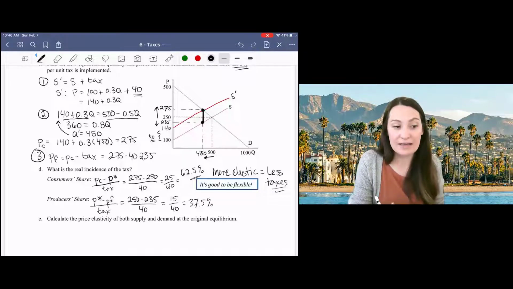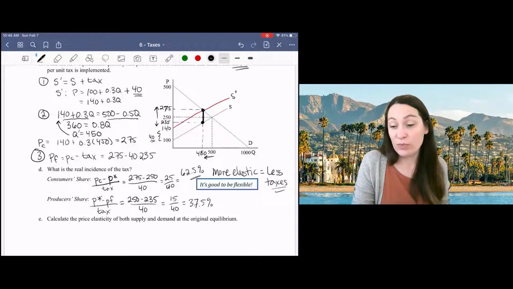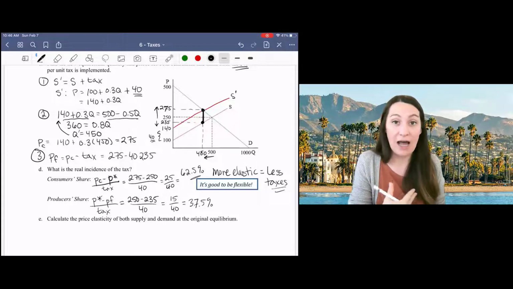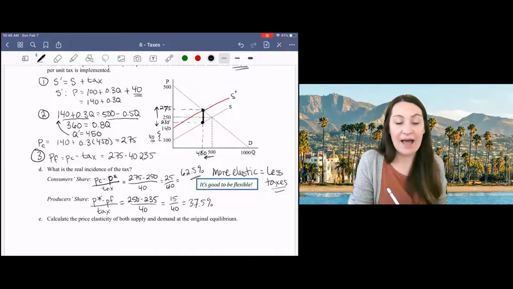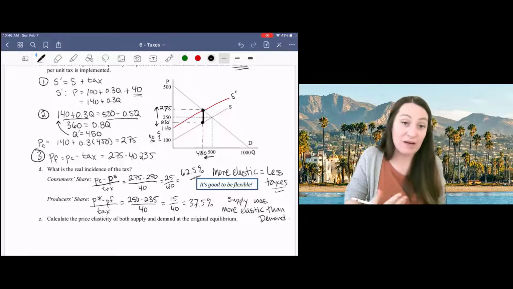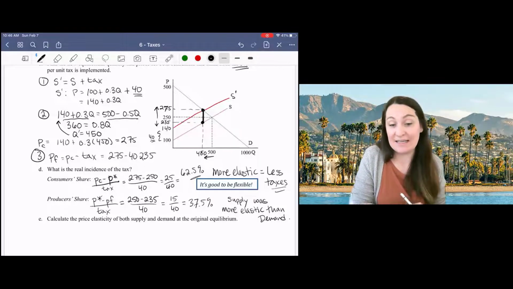Here, because I see that consumers pay a larger share and producers pay a smaller share of the tax, I can conclude that supply, in this case, was more elastic than demand. And vice versa, demand was less elastic than supply, resulting in this real incidence.